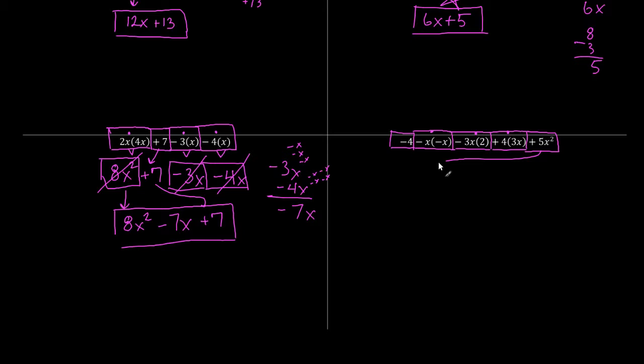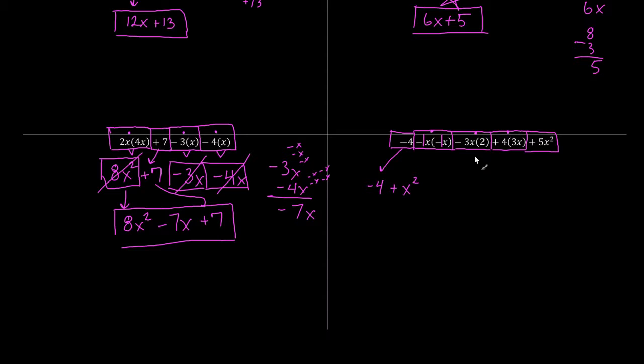All right, so, sorry. So this one stays the same because there's no multiplication. Now we have negative times a negative is a positive. X times x is x to the second power. If you need the 1, put the 1.